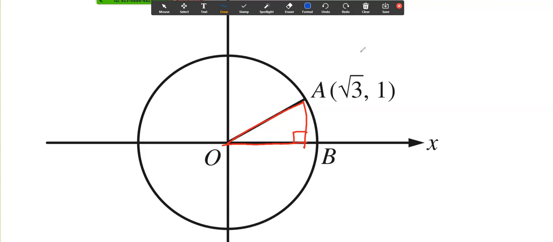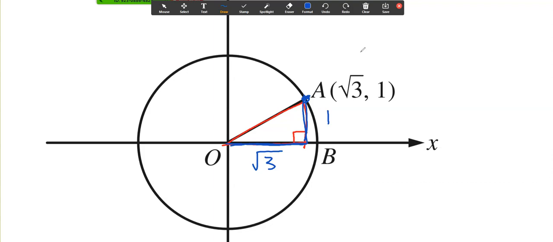Now, for those of you that don't see what I'm talking about, in order to get to this coordinate, radical 3, 1, we would have to go radical 3 units to the right and 1 unit up. So the two side lengths, the legs of the right triangle, are labeled radical 3 and 1.